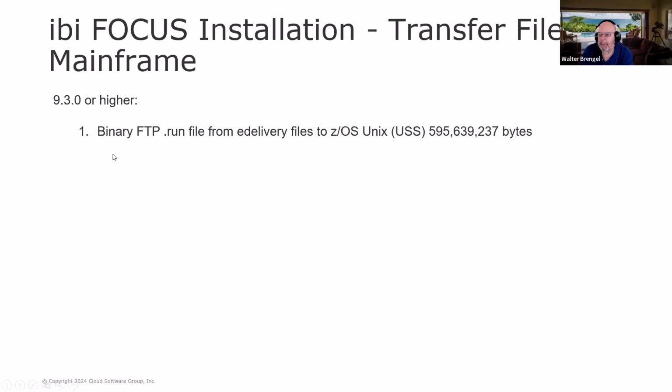So you're going to binary FTP the run file that you got from eDelivery to your USS side, execute the run file using the sh command, and then proceed to run iSetup. So before we had, what, 4 or 5 steps in order to get the files before we got to iSetup? Here, you're just transferring it, executing the run file, and then going to iSetup.